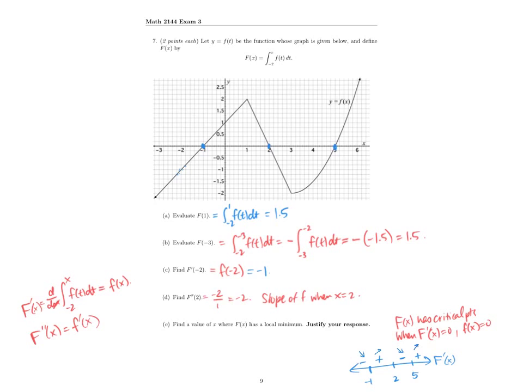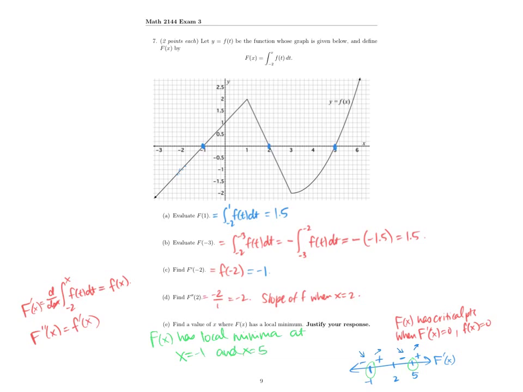So if we're looking for a local minimum, that would be here and here, local minima of capital F. So I could say capital F has local minima at x equals -1 and x equals 5.